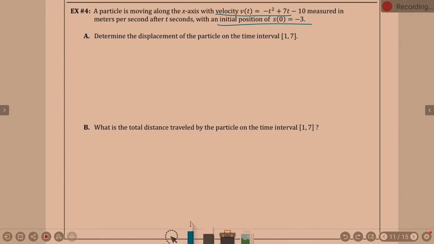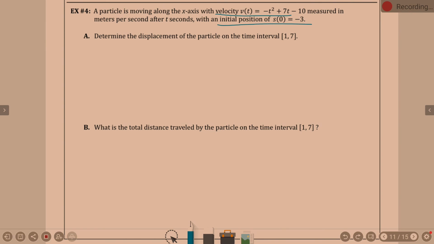What are we doing here? Same thing. How are we going to do the displacement on the interval from 1 to 7? Tell me the math I'm doing here.